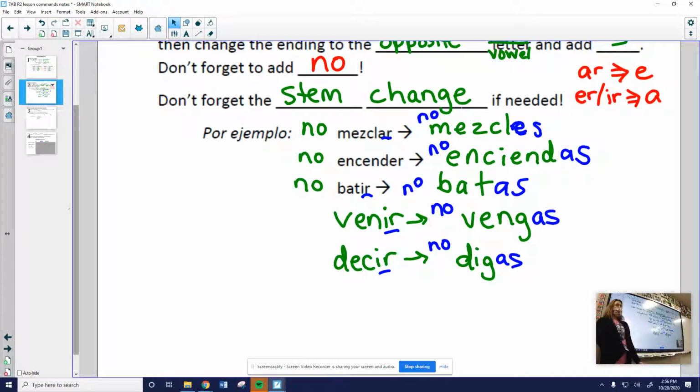Bueno. You might be thinking, Señora Einerwold, this is really complicated. What else are you going to throw at us for these usted and ustedes commands? The good news is, the usted and the ustedes commands are very, very similar to the negative tú commands.